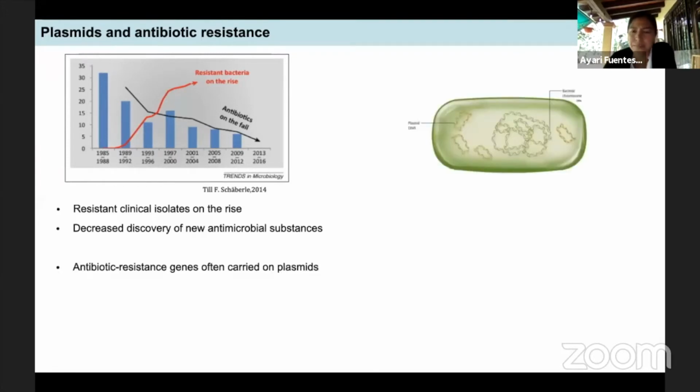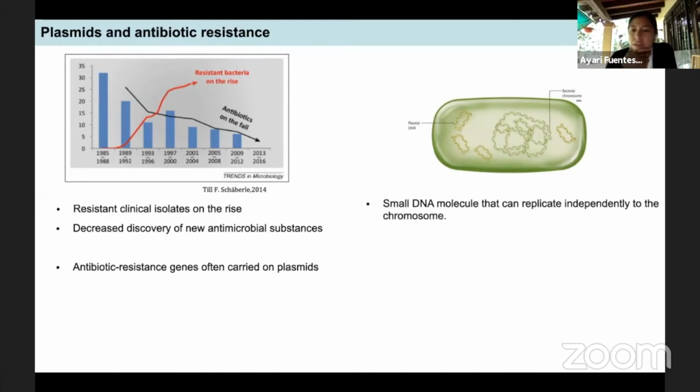Plasmids have been really important in this. Almost all outbreaks in hospital setups are driven by plasmids, and antibiotic resistant genes can often be carried by them.